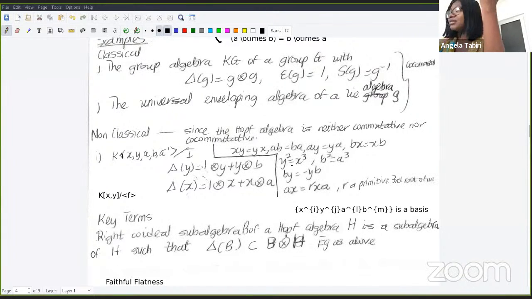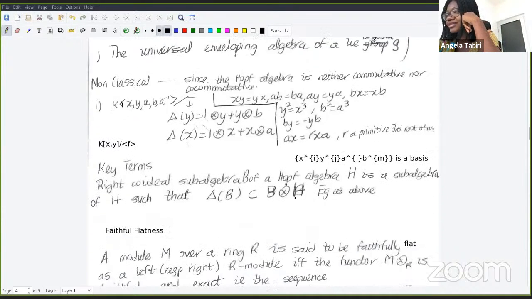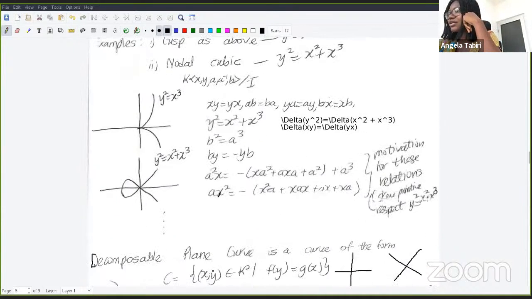This is because we want our coordinate ring to be a subalgebra of it, but there are some other relations here. In this relation, we are saying that A and X commute up to a third root of unity. So I tried to use this example to see if this would work in another setting. That first example was the nodal cubic. The nodal cubic looks like the cusp, except that you've added a degree two term here.